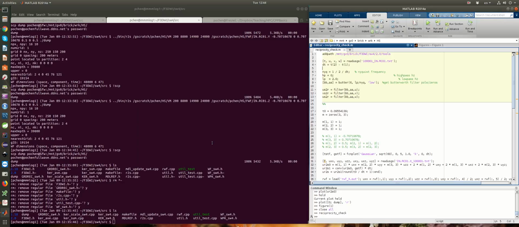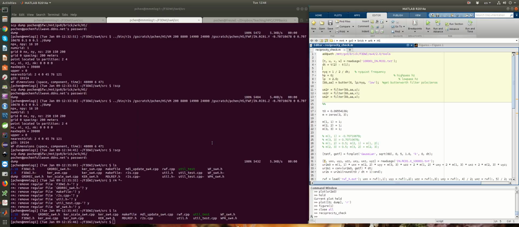Now let's try to validate the reciprocity using SW4. This is one of the steps that I've always taken before we actually start to compute the sensitivity kernels.